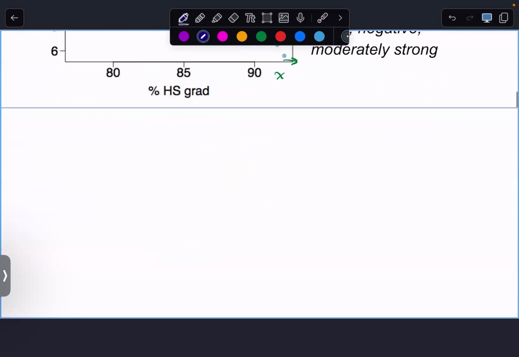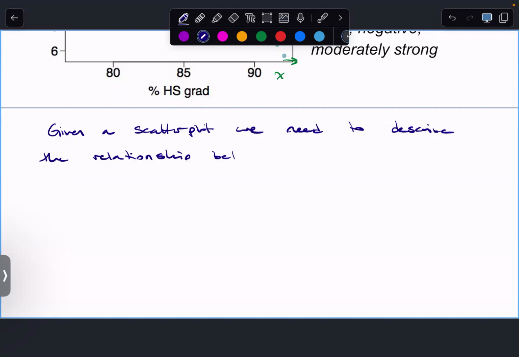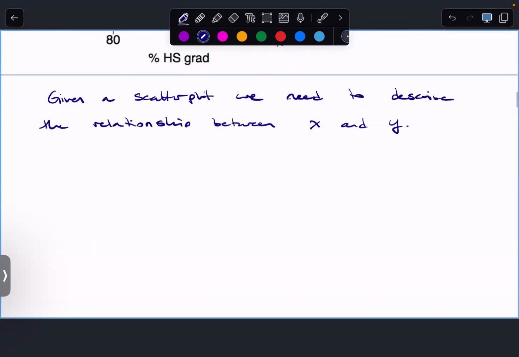And so given a scatter plot, we need to describe the relationship between just generically X and Y. If you wanted to, you could be proper and say between the explanatory variable and the response variable, but shorthand X and Y. So the first thing that you're going to need to talk about is whether it's linear or non-linear.